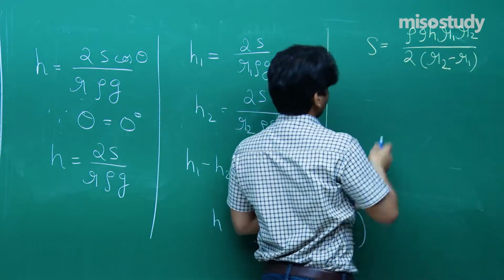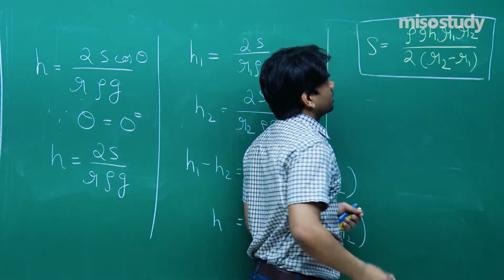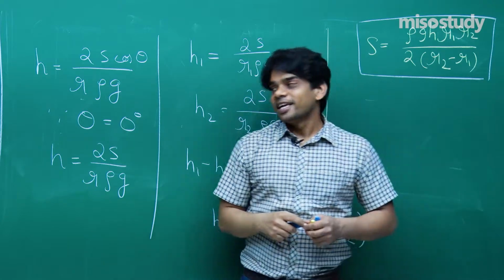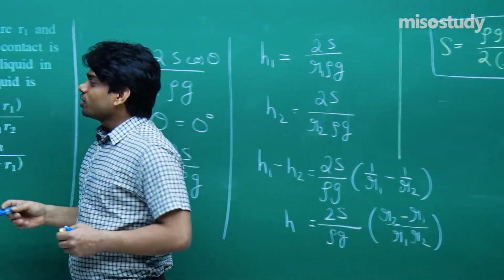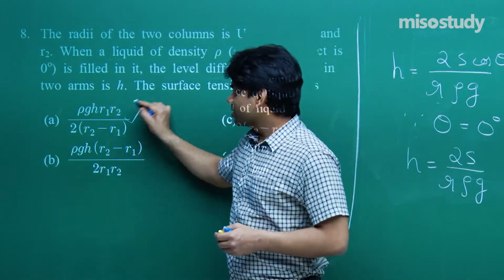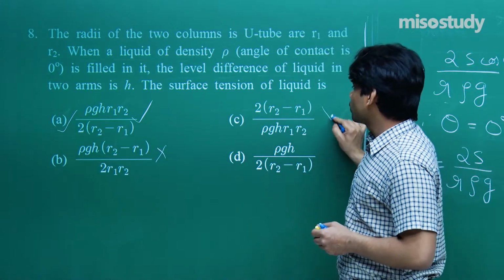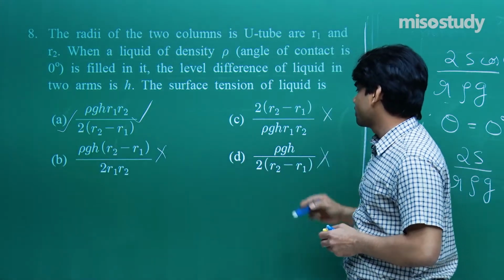This is the formula that you are going to obtain, rho g h r1 r2 upon 2 (r2 minus r1). Let's check. Rho g h r1 r2 upon 2 (r2 minus r1), and yes, this is the right answer we have reached. So A option is right, B is incorrect, C is also incorrect, D is also incorrect.